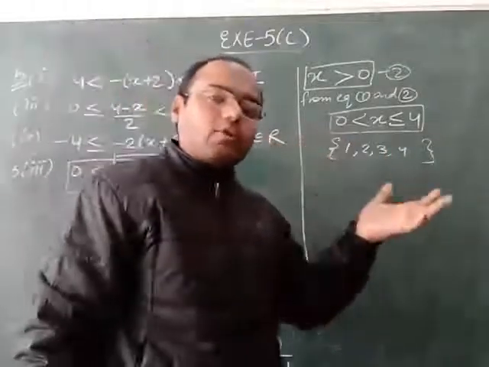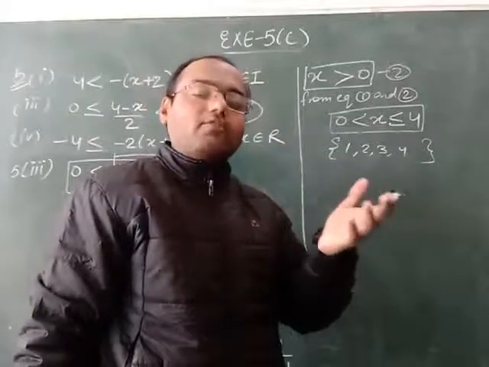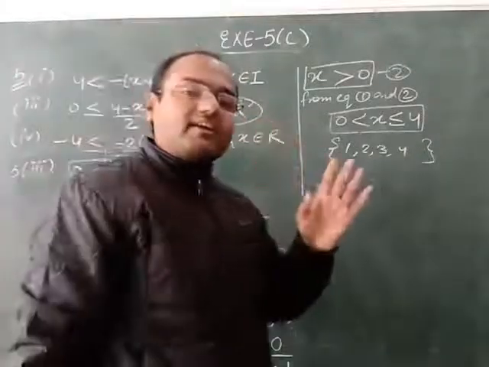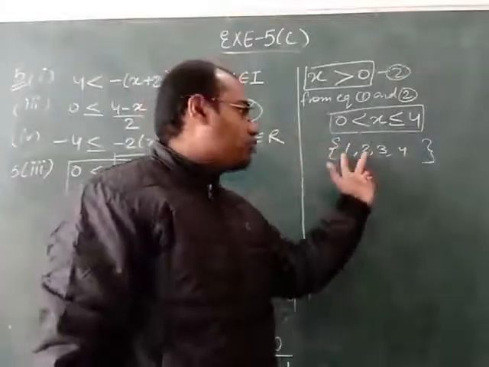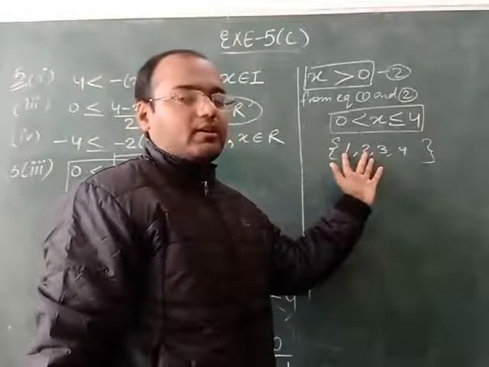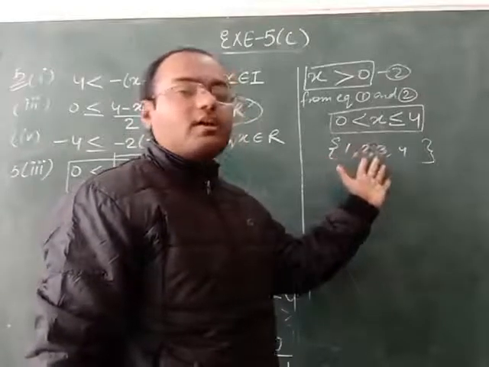1.1, 1.2, 1.3, 1.11, 1.12, 1.13. These all are real numbers. So infinite real numbers are there between two numbers, and we will not be able to write all the real numbers. So that's why we will not write like this. This is the wrong way.